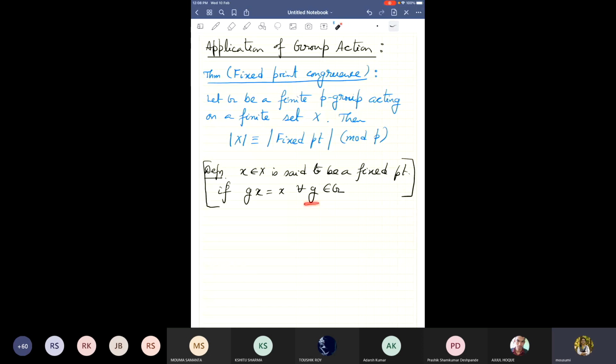Not just a single g: if all the group elements fix this element x, then we call x a fixed point.